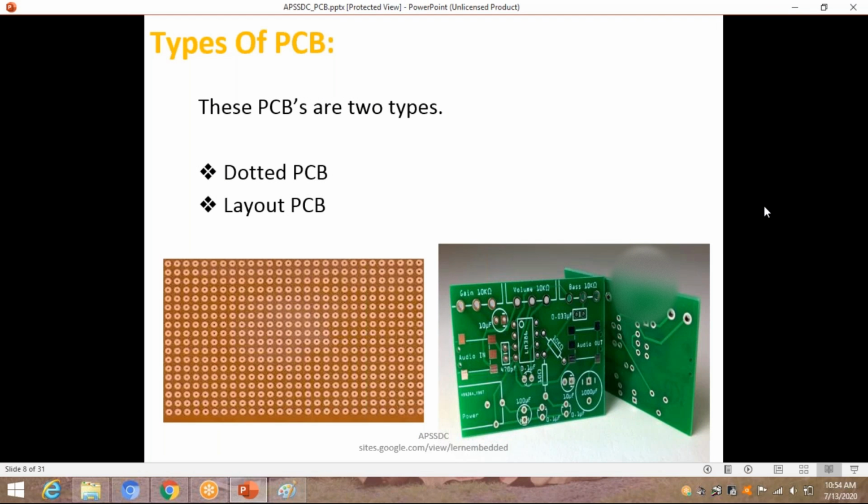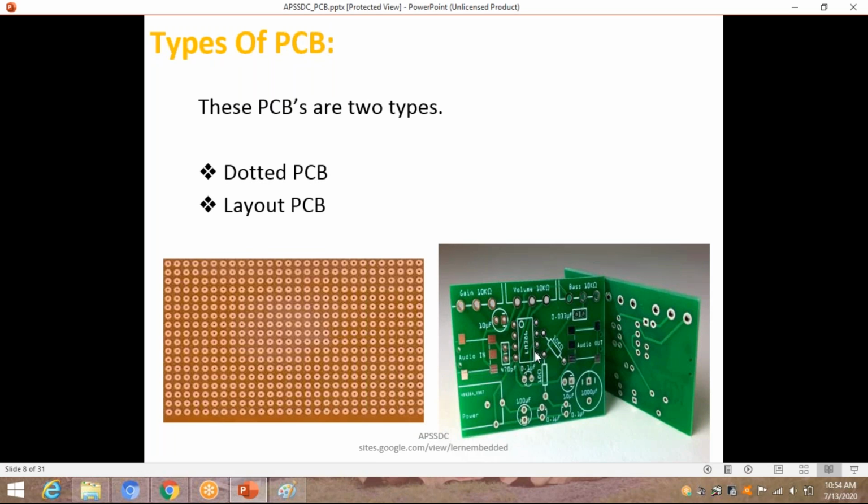As I have already told you, the first one is a dotted PCB or dot matrix PCB. Is it clear, guys? The second one is a layout PCB. Some key points already I have told you. You can observe the indications of some of the components here on the PCB board.